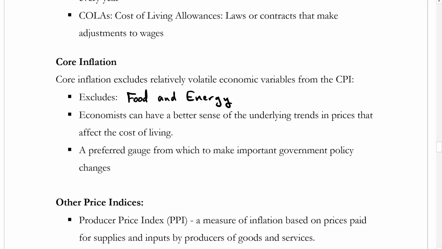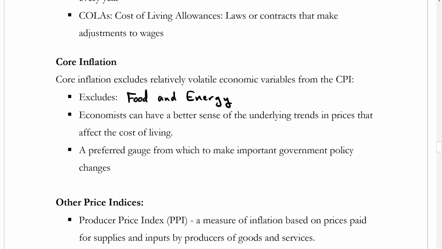So you can look at total inflation, but you can also look at core inflation to get a better sense of how are the prices of other things like housing and clothes and medical care and education and things like this. How are their prices changing apart from food and energy, which often have big influences on total inflation.